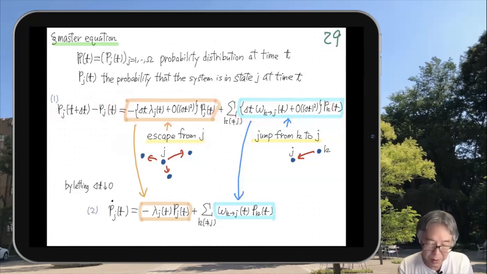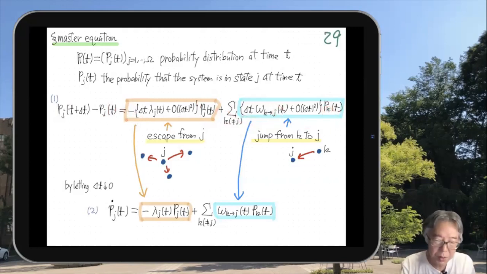The first term is the escape. This shows the process that you are in J at time t, and then you escape to different states. And so you have minus. So this is the positive part. You were in a different state k at time t, but you jump into J.